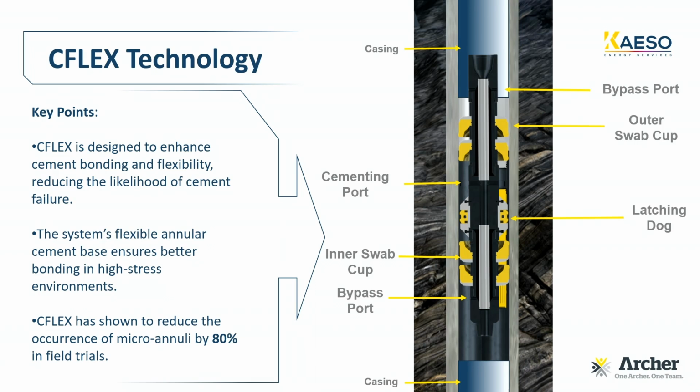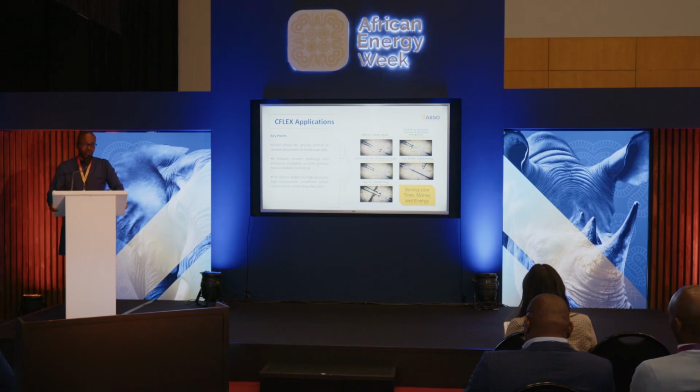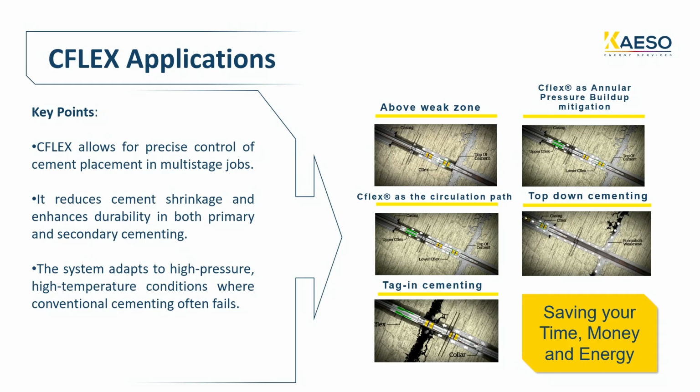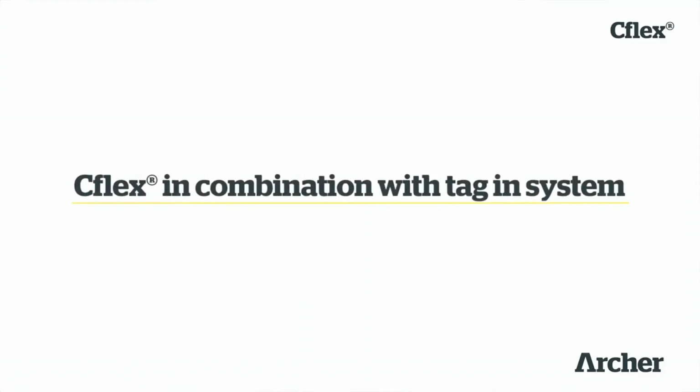Now, this tool has several applications. We can use it above weak zones. We can use it for APB mitigation purposes. But what is important to retain here, and we'll go through an example, is the CFLEX in combination with a tagging system.